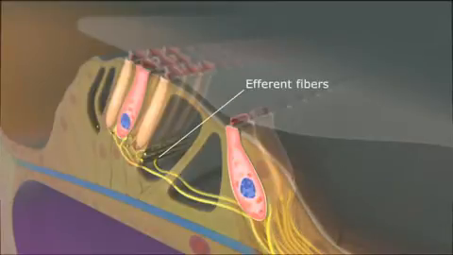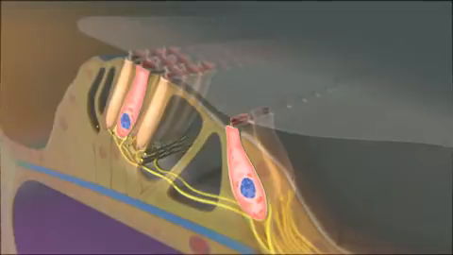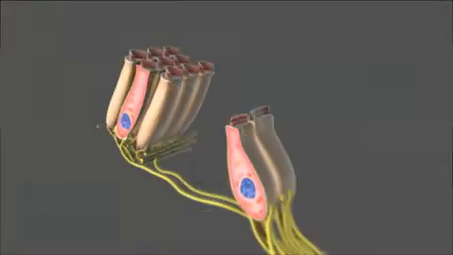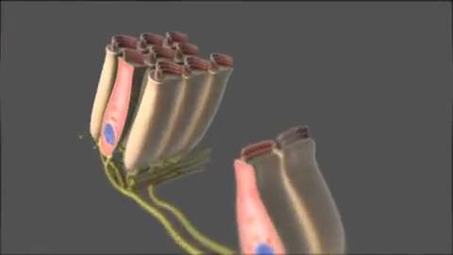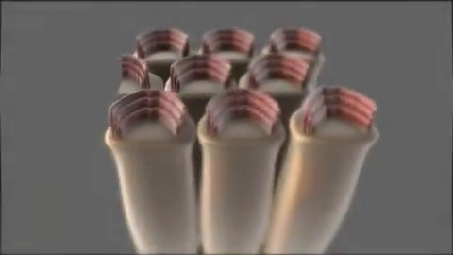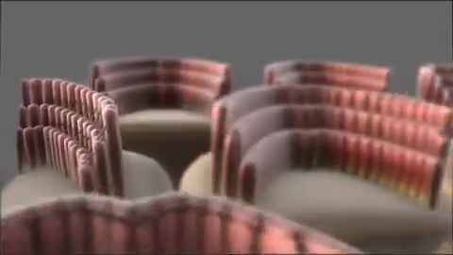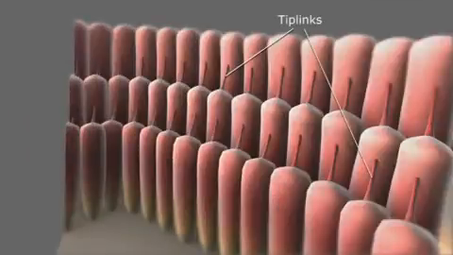Outer hair cells receive mostly efferent input from the superior olivary complex. The filamentous structures that connect the tips of adjacent stereocilia are known as tip links. These are thought to amplify the forces in the area of the molecular sensors.